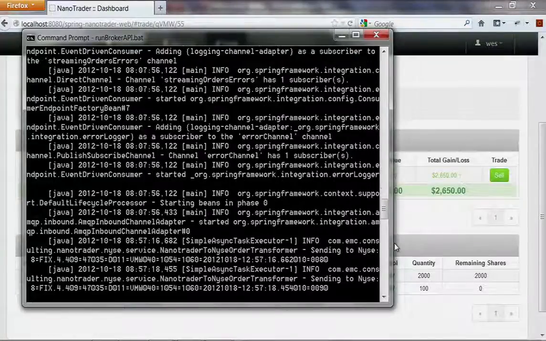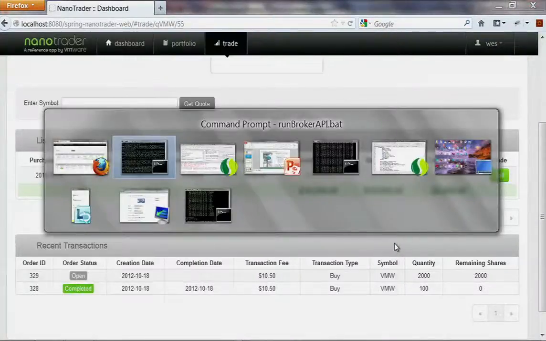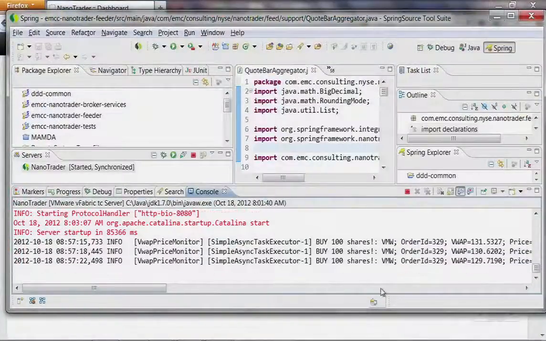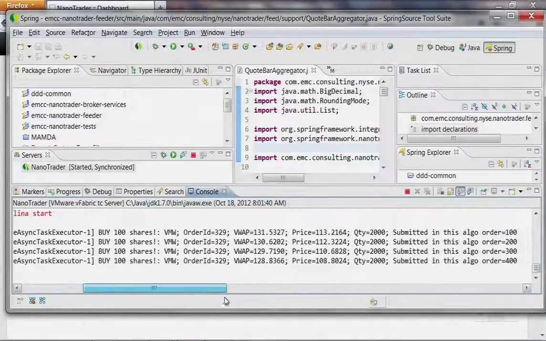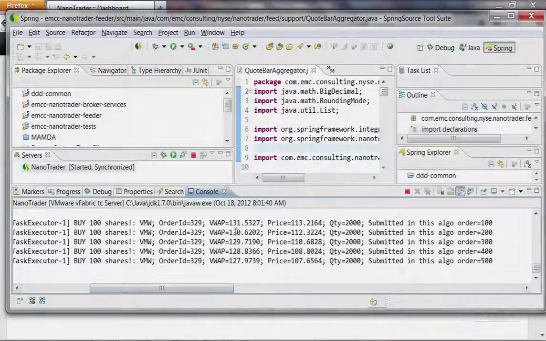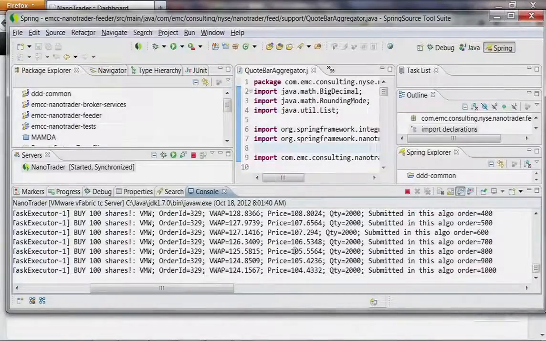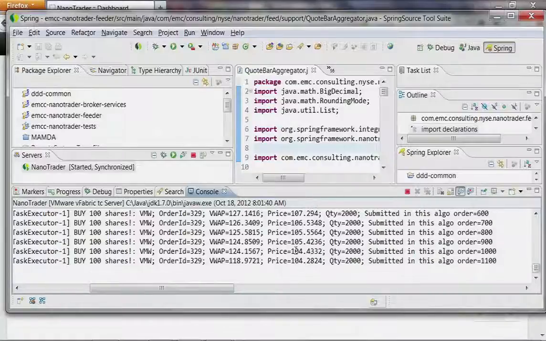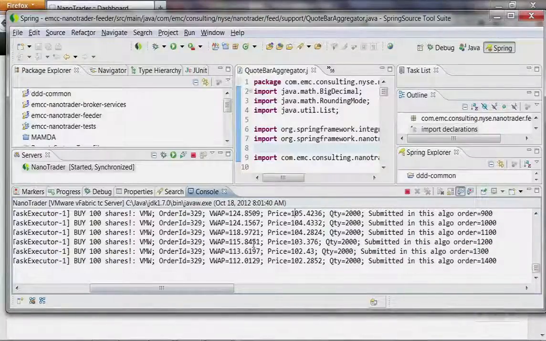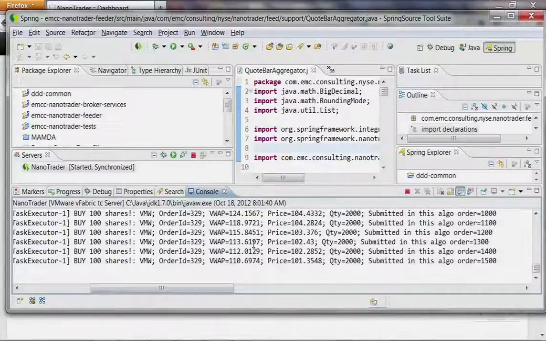Okay, here we go. So we're trading algorithmically now. When the volume weighted average price is being calculated analytically, this is all through GemFire, in-memory distributed cache. When the price is lower than the volume weighted average price, we issue a buy of 100 shares apiece.